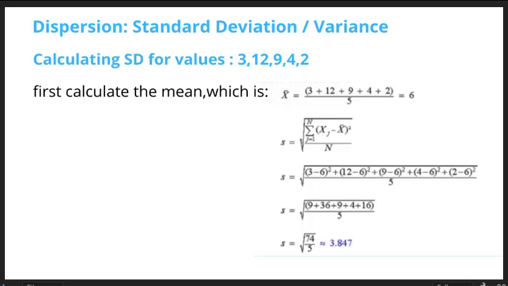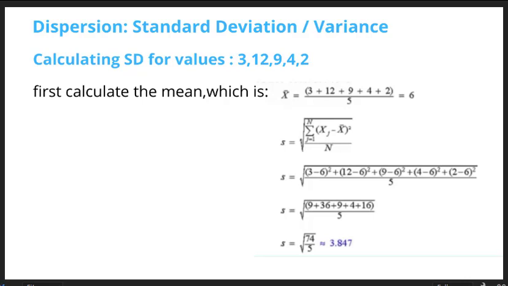For example, 3 minus 6 squared, and we do the same for the other data, exactly like the previous example. In this case the standard deviation is 3.847. This is how we calculate the standard deviation, which tells how far the observations are from the mean.